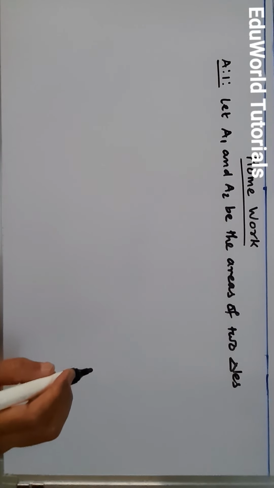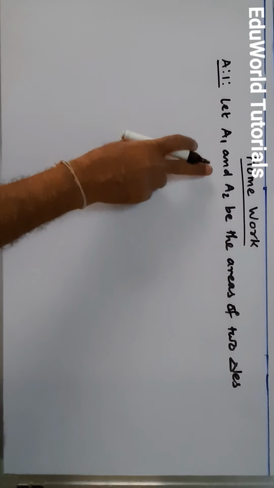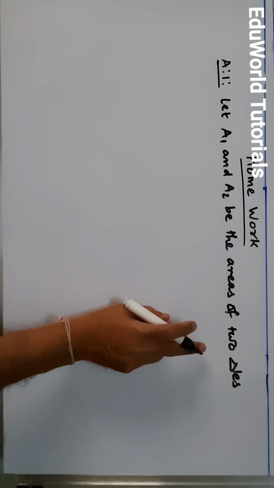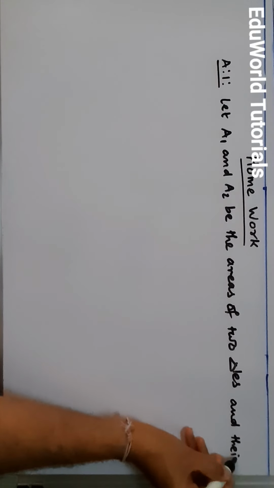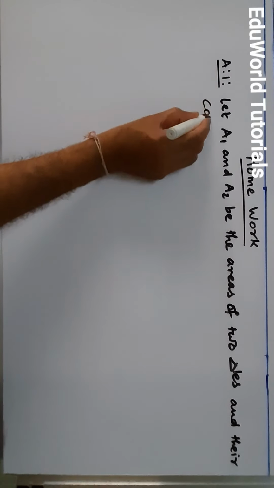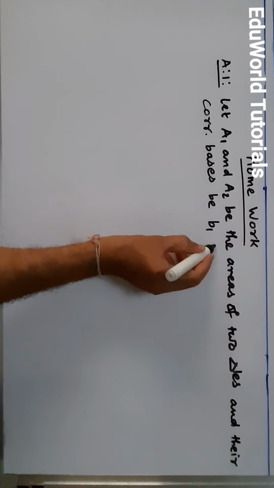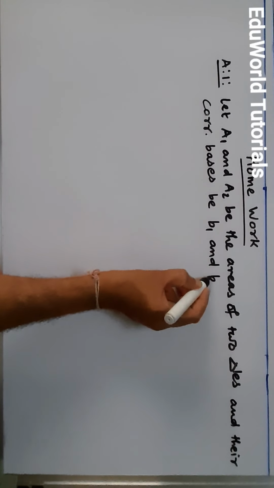The base of the bigger triangle is 14 centimeter. So A1 and A2 are the areas of two triangles. They have equal heights, and their corresponding bases be B1 and B2 respectively.